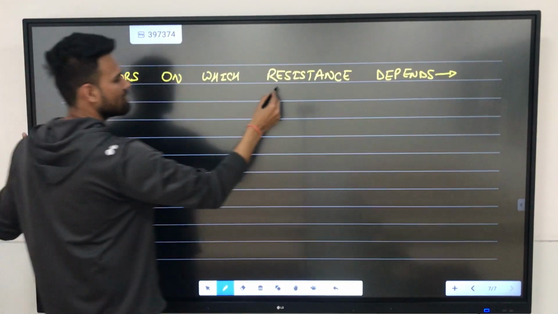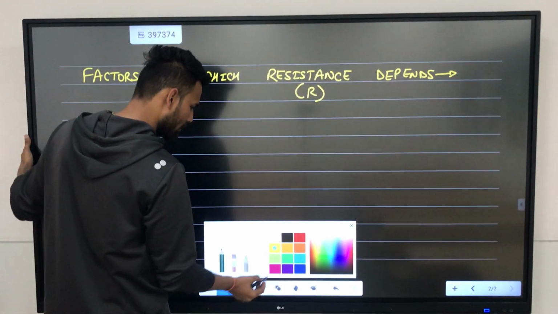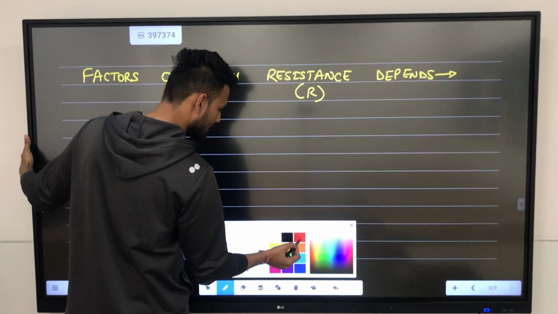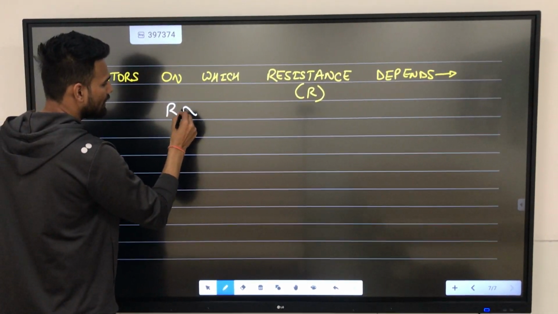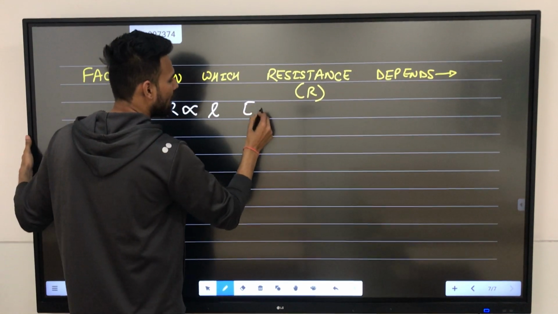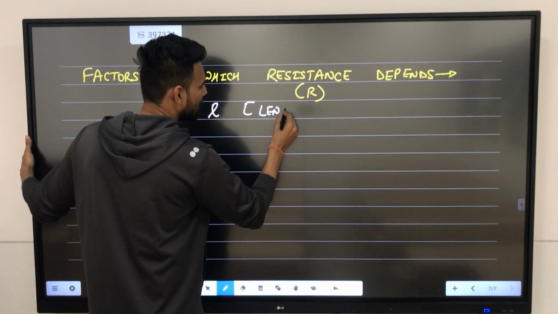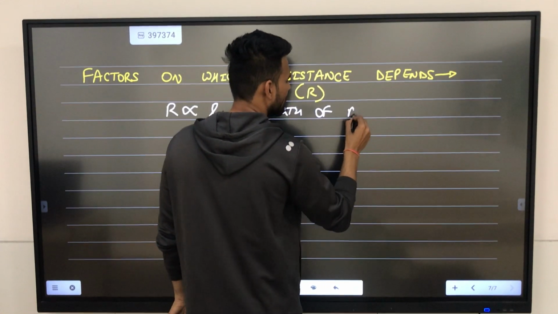Resistance is represented by R. Firstly, resistance is directly proportional to L. What is L over here? That is the length of the conductor or length of the material used.